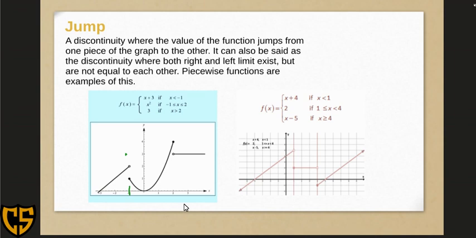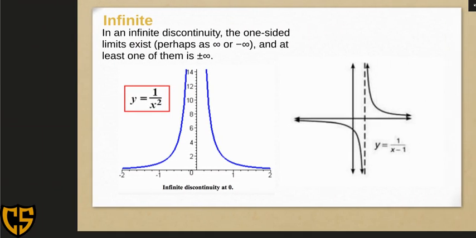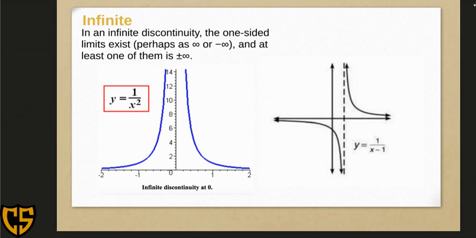Okay, another one is infinite discontinuity. In an infinite discontinuity, the one-sided limits exist as infinite. For example, 1 over x squared.